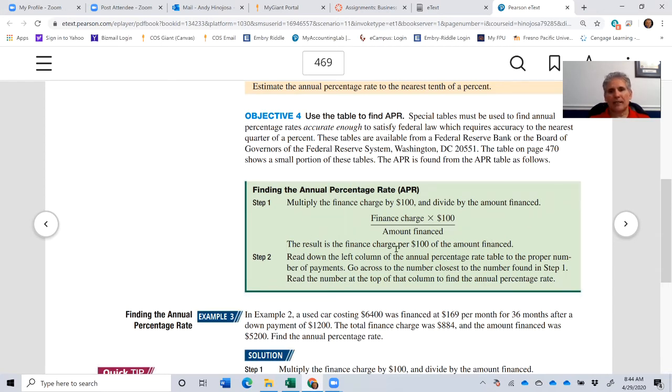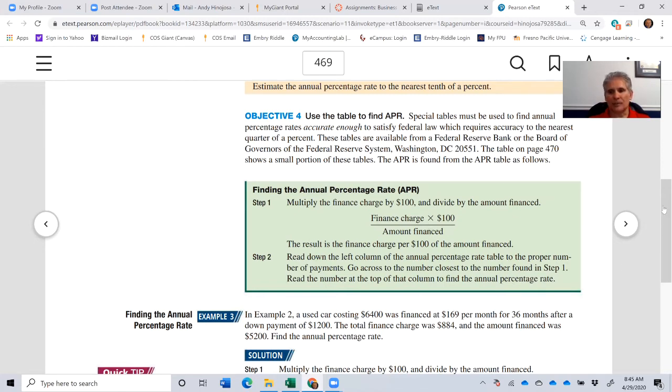The result is the finance charge per $100 of the amount financed. And then from there, we'll read down the left column of the annual percentage rate table to the proper number of payments, and then go across to the closest number found in step 1. Here we can compare that, find the number that's closest on the table, and we'll read.